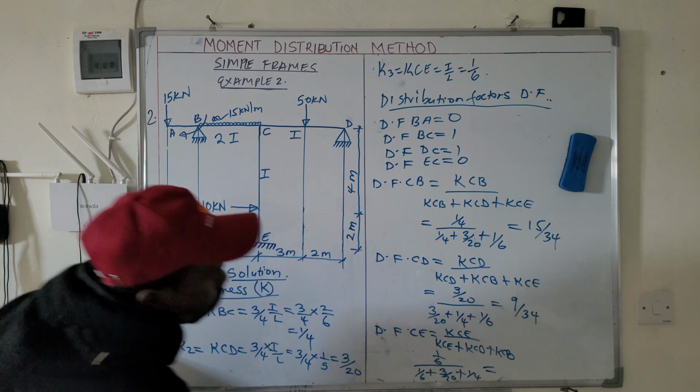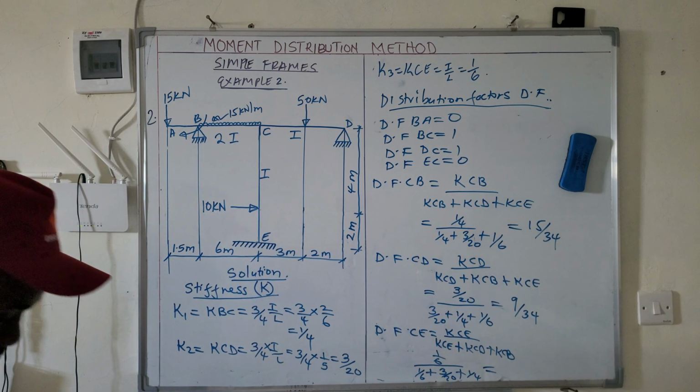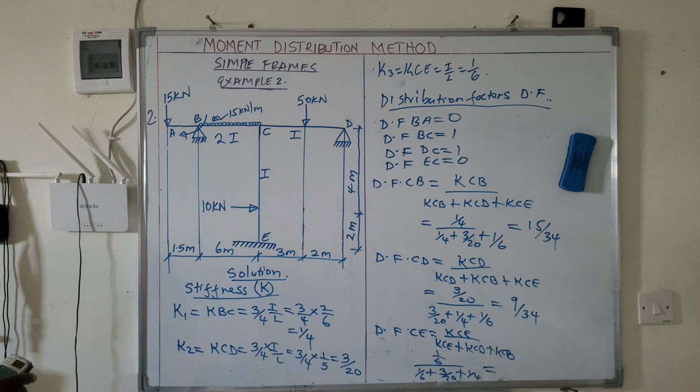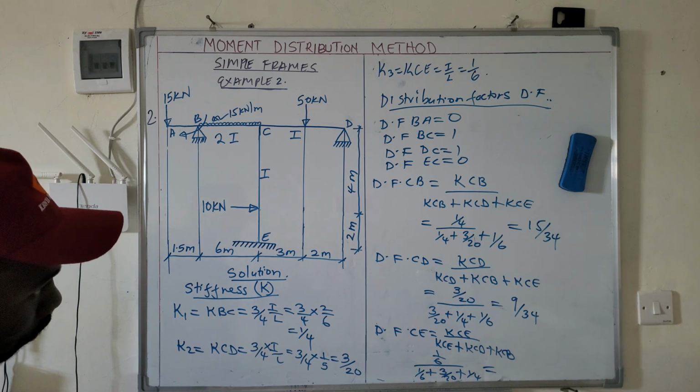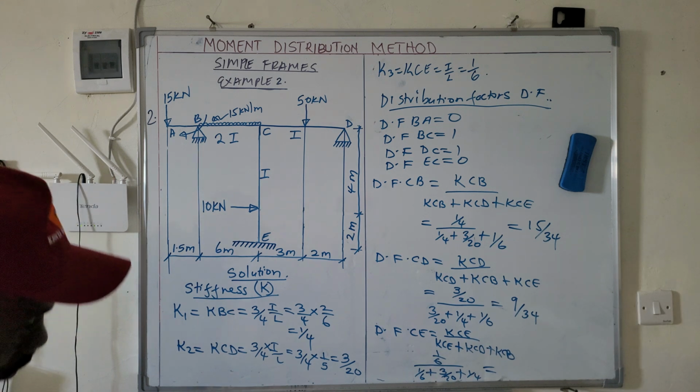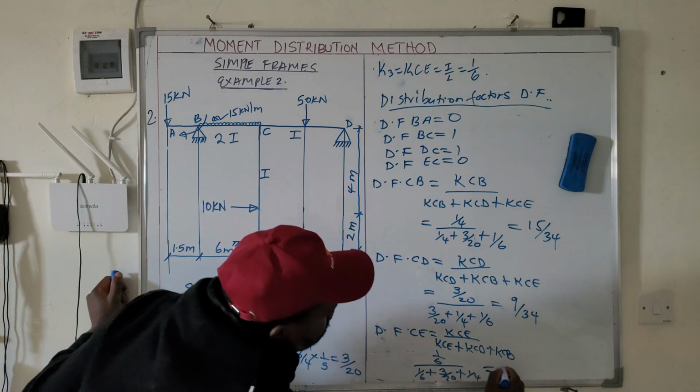So this one will give you, find your calculator again, 5 over 17. 5 over 17.